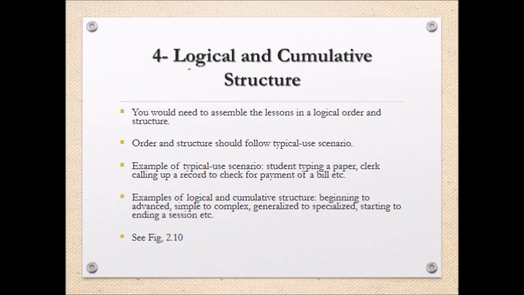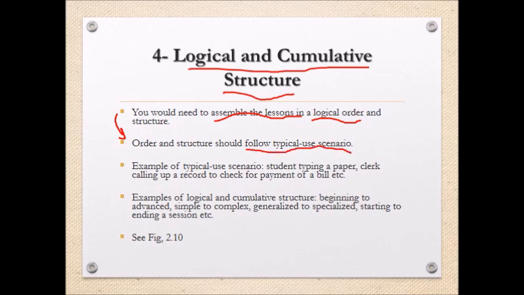Guideline number 4, logical and cumulative structure. That means you need to assemble the lessons in logical order and structure. What do we mean by logical order and structure? Logical order means order and structure should follow a typical use scenario.